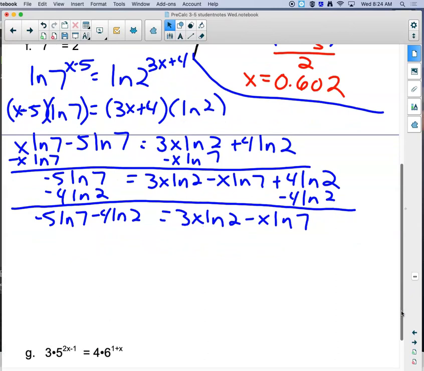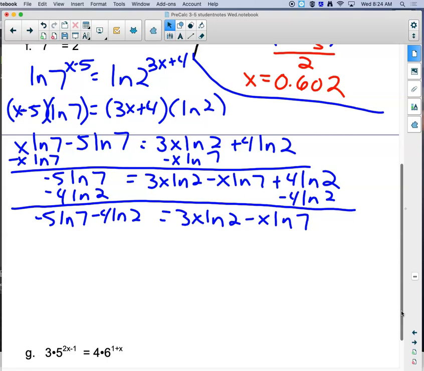All right, so far so good. Now, these are actually just numbers on the left. This is calculator work on the left. But on the right, I have my x terms all on one side now. And I think, okay, how am I going to get x by itself? Well, the only way to separate it from all this logarithm business is to factor it out.